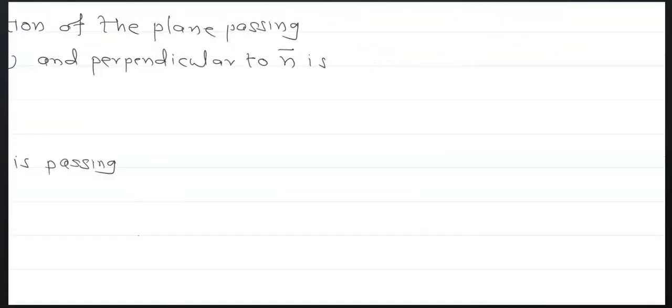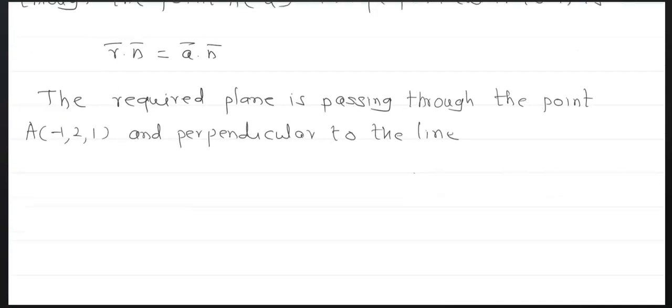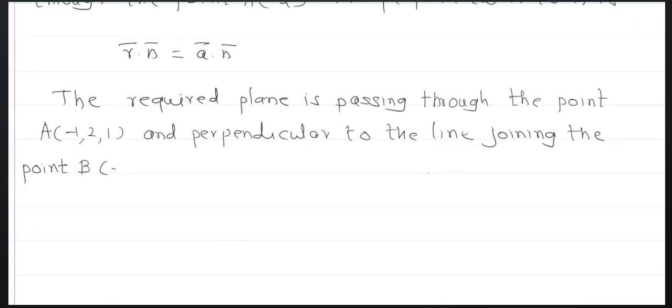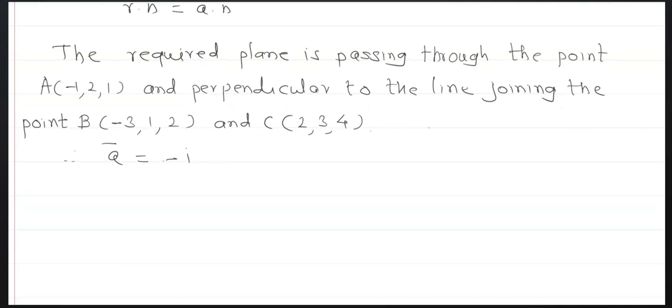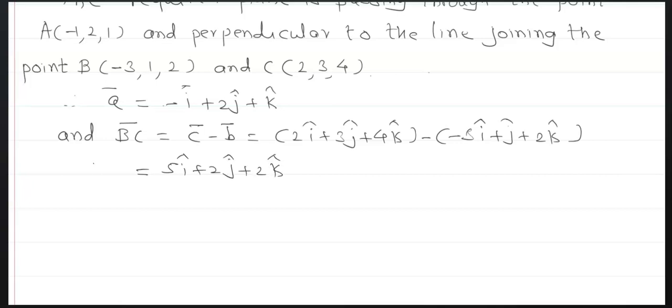The required plane is passing through the point (minus 1, 2, 1) and perpendicular to the line joining the points (minus 3, 1, 2) and (2, 3, 4). So A bar is minus i plus 2j plus k, and BC bar, that is C bar minus B bar, is (2i plus 3j plus 4k) minus (minus 3i plus j plus 2k), and that is equal to 5i plus 2j plus 2k.